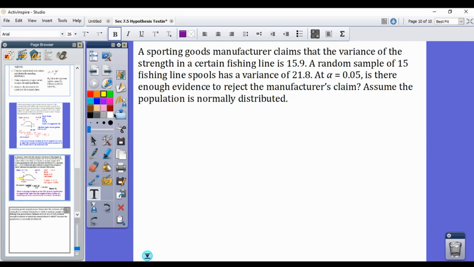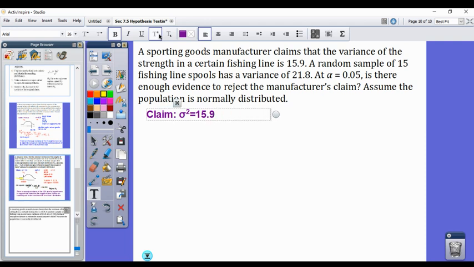All right, so let's go ahead and identify our claim. So our claim in this case is the variance is 15.9.